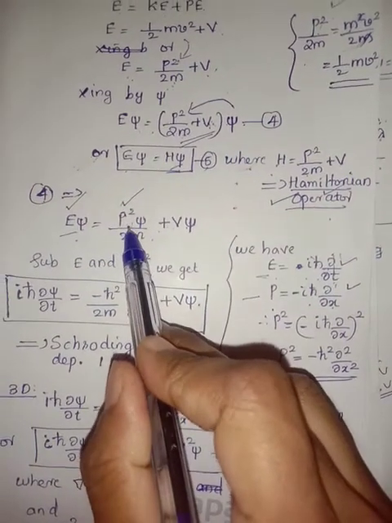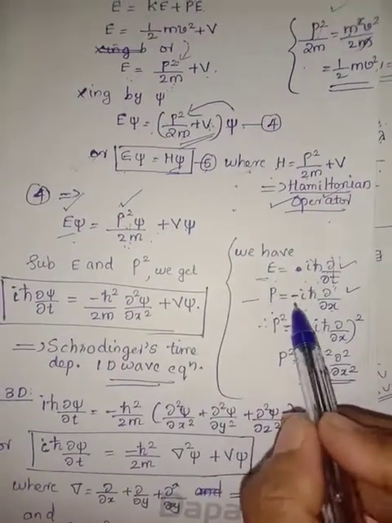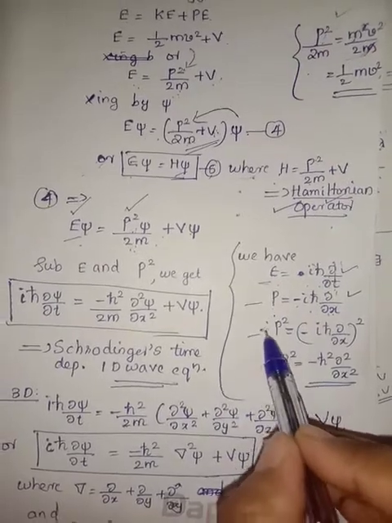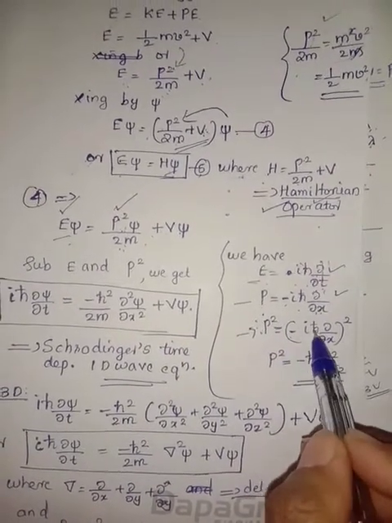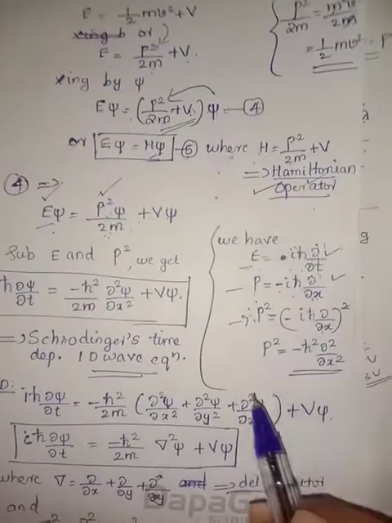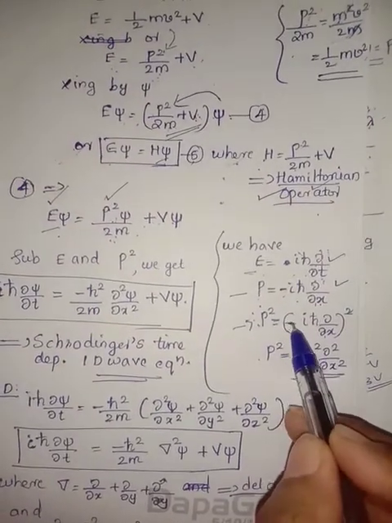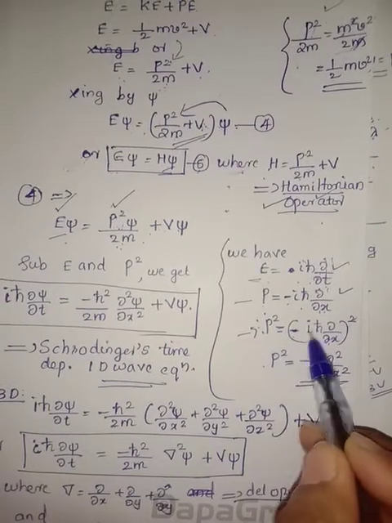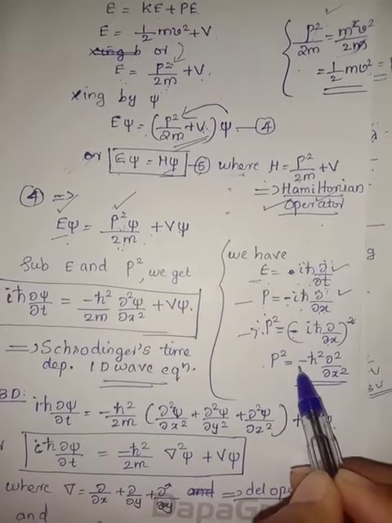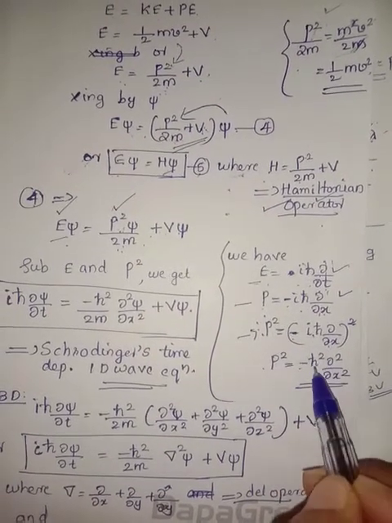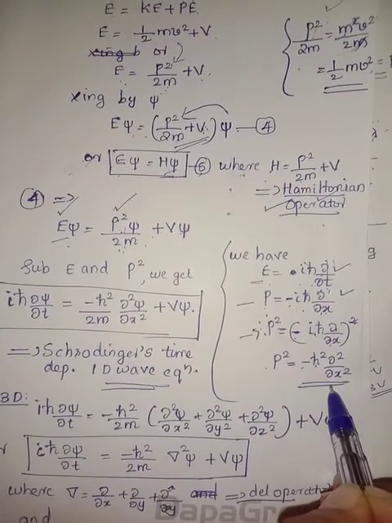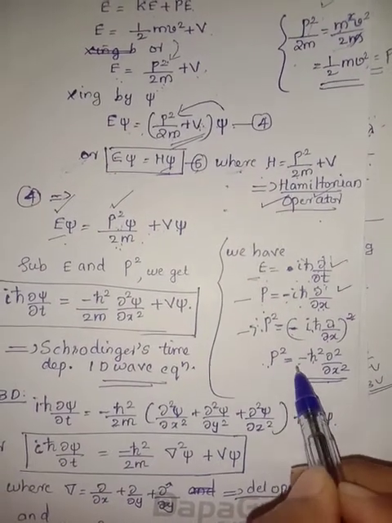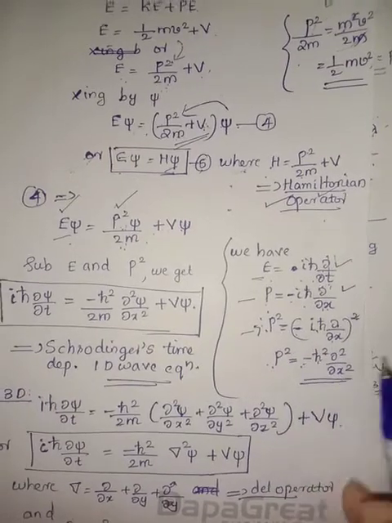Then we have to substitute for P square. What is P? Minus i h cross dou by dou x. So we have to find P square, which means this term squared: minus i h cross dou by dou x whole square. That is, minus into minus is positive, i square means minus 1, h cut into h cut square, dou by dou x into dou by dou x, dou square by dou x square. Clear? So P square is equal to minus h cut square dou square by dou x square.